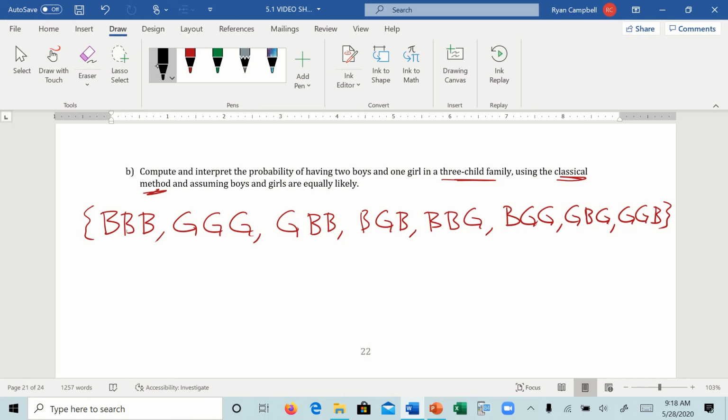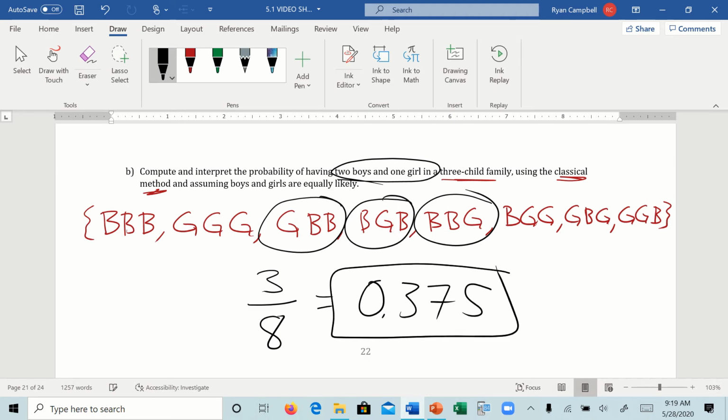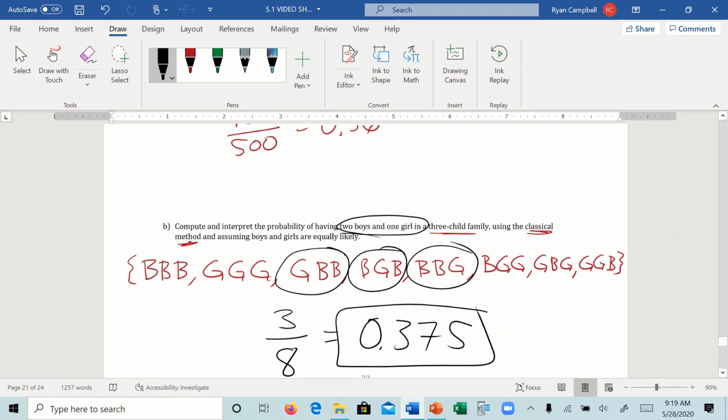So how many ways can we have two boys and one girl? So we can see that that's 1, 2, 3 ways out of a total of 8, which gets us 0.375. So similar, right?